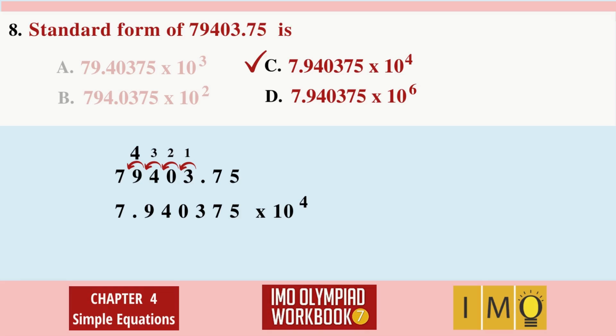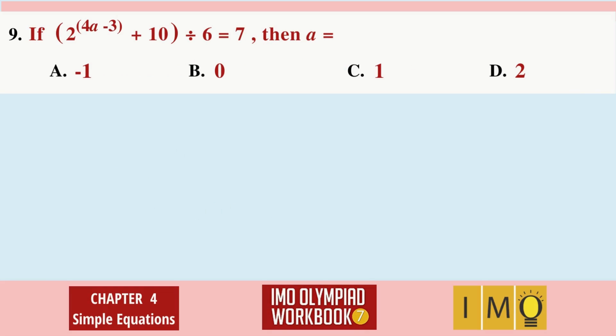Next, we move on to question number 9. Using the given equation, let's find the value of a. First, let's write the equation as it is. Then, we move the division by 6 from left hand side to the right hand side.